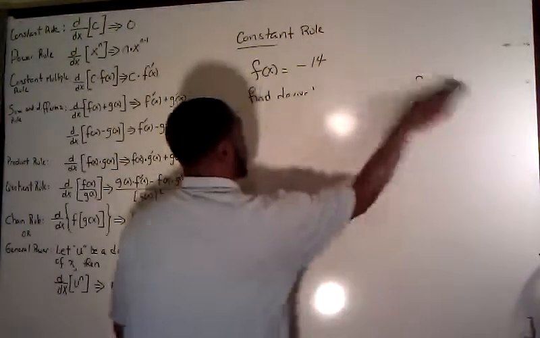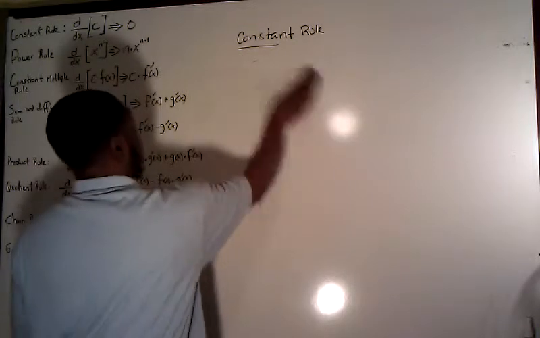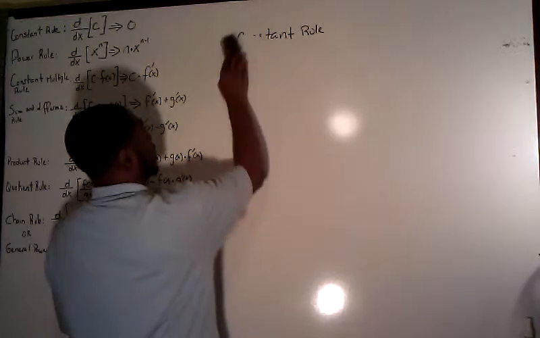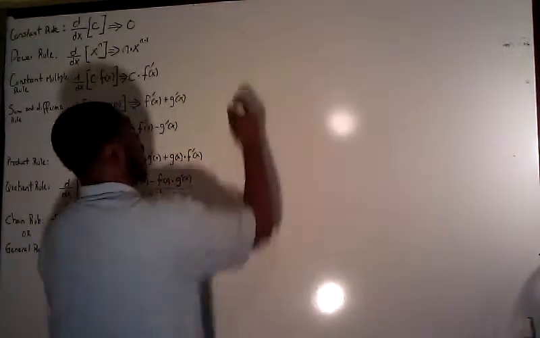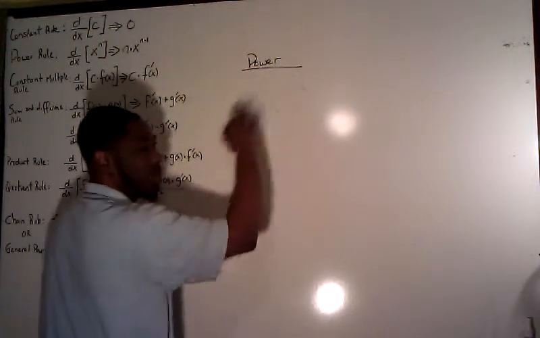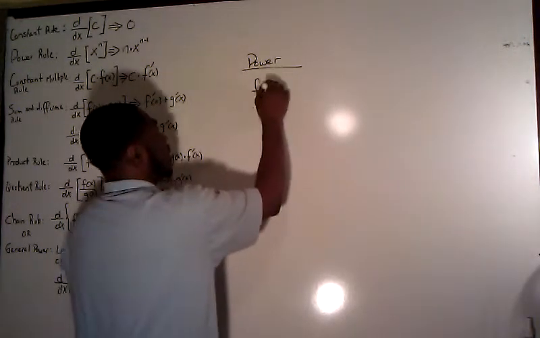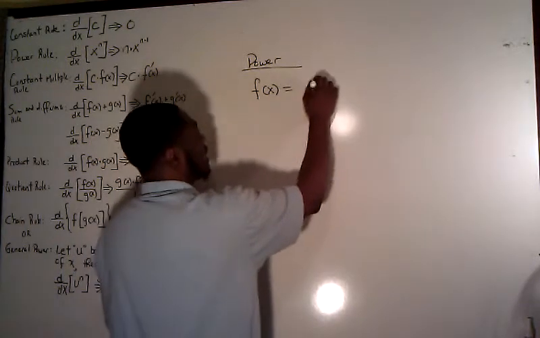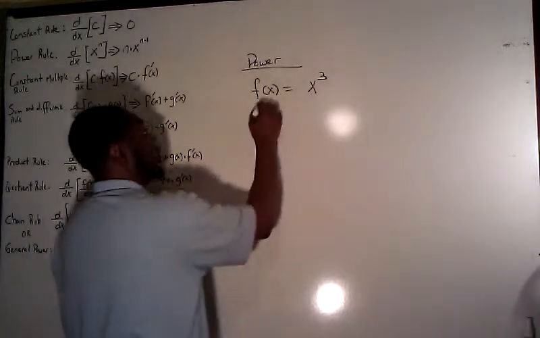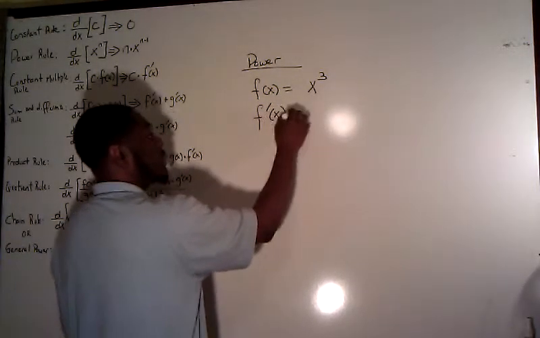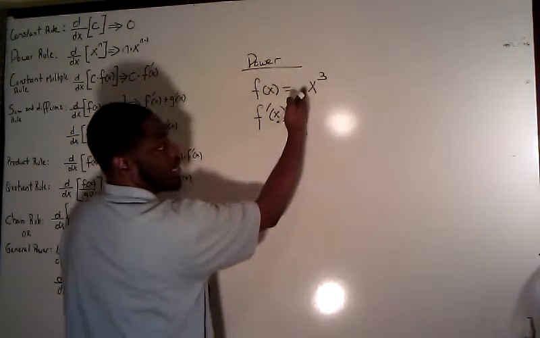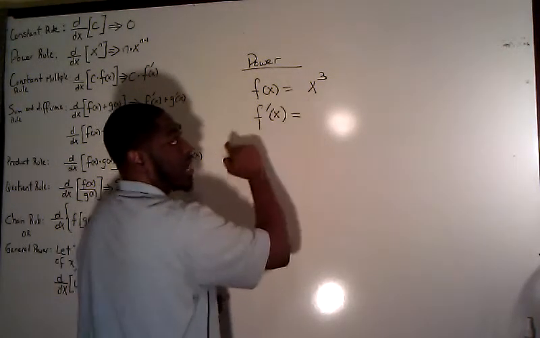Let's look at another rule, the power rule. Let's say we have a function f of x is equal to x to the third power. Then by the power rule, the derivative, f prime of x, is just a matter of taking this power and multiplying it with the coefficient that's out here.